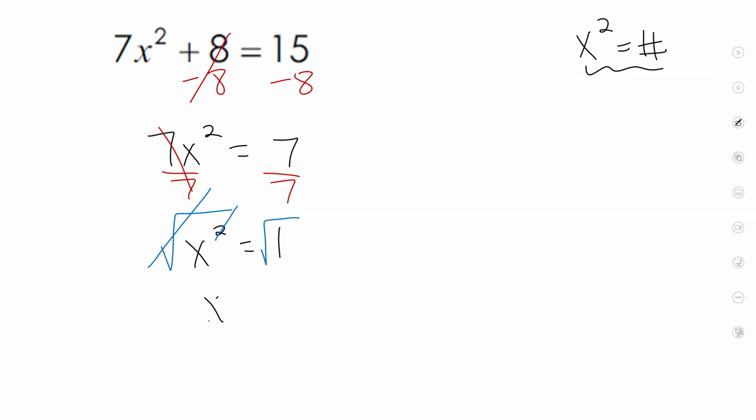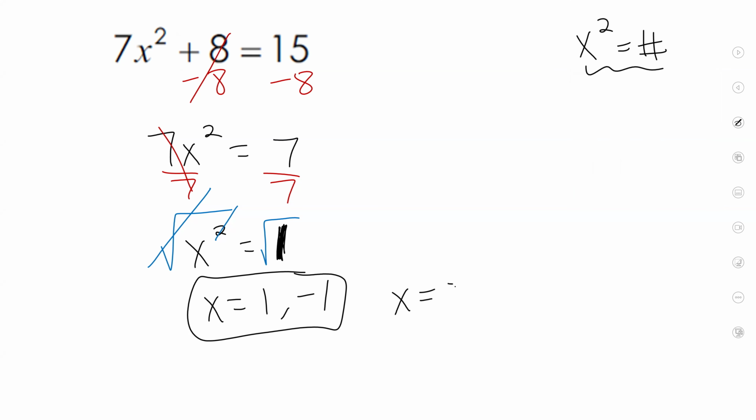So x is equal to, what are my answers going to be? 1 and -1. 1 times 1 will give you this 1, and -1 times -1 will give you this 1. So you have two answers. Now, people like to make it simpler by just writing a positive 1 and a negative 1. So they'll write it like that sometimes. These mean the exact same thing.